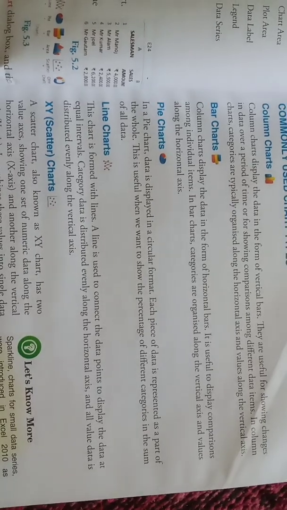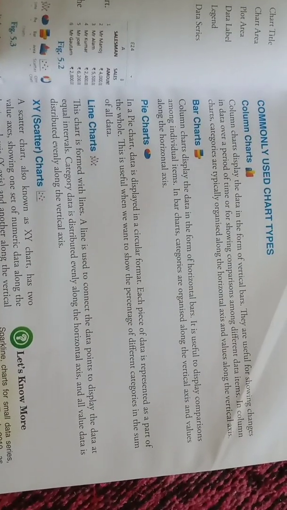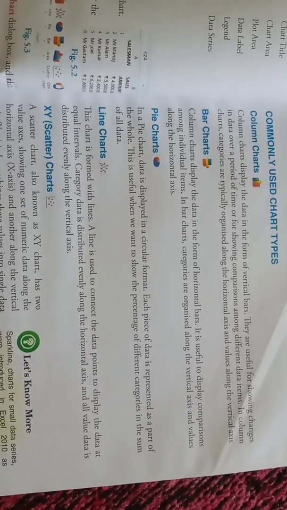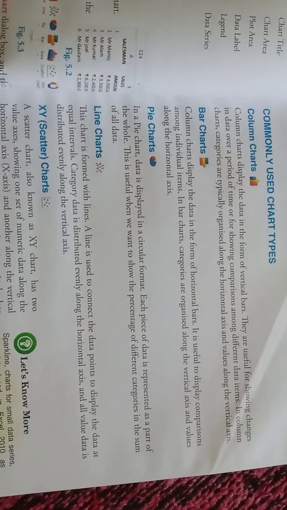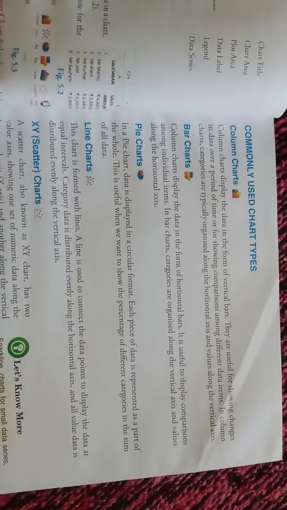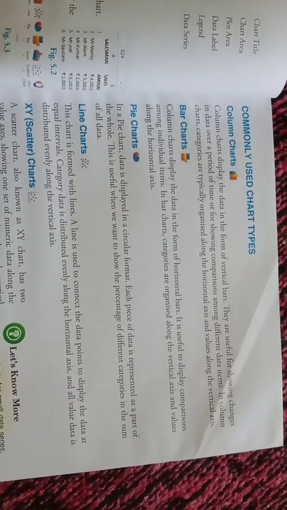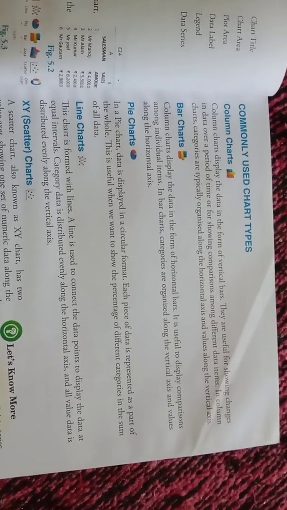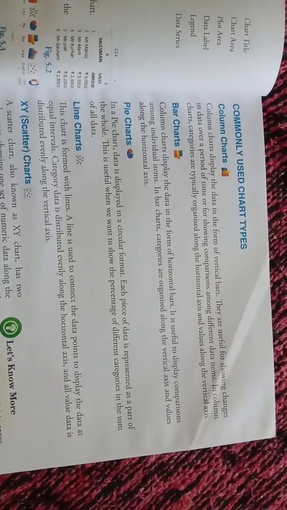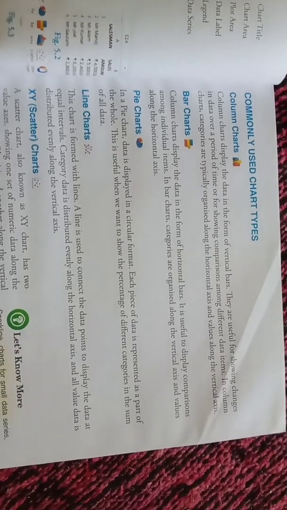Pie charts look like a circle. We divide the circle into different parts so that it looks like a pie chart. In a pie chart, data is displayed in a circular form. Each piece of data represents a part of the whole. This is used when we want to show the percentage in different categories in the sum of all data.